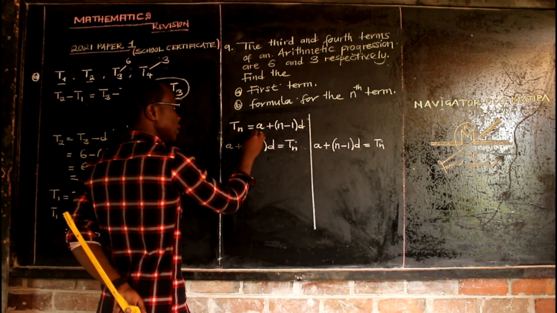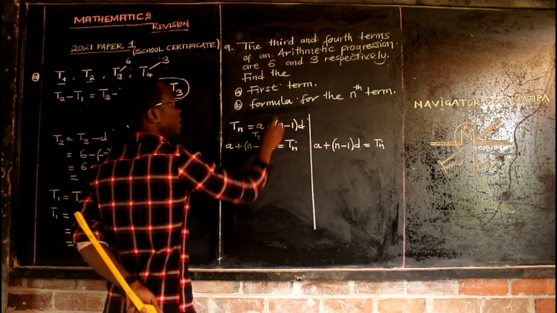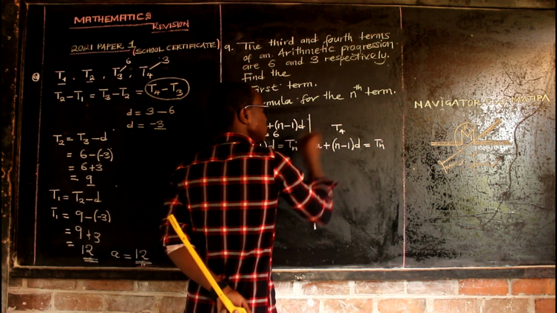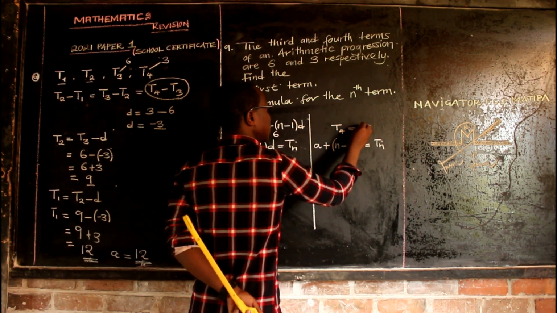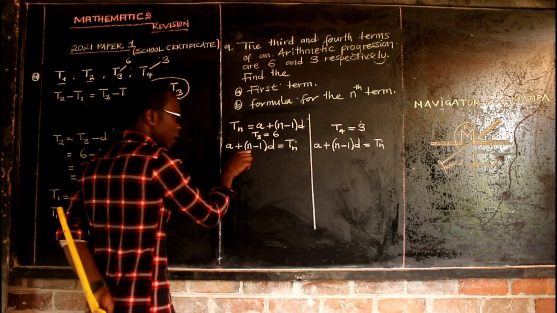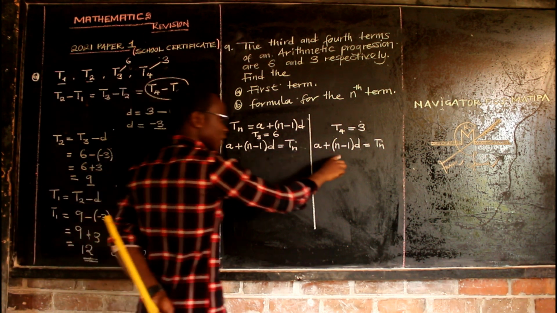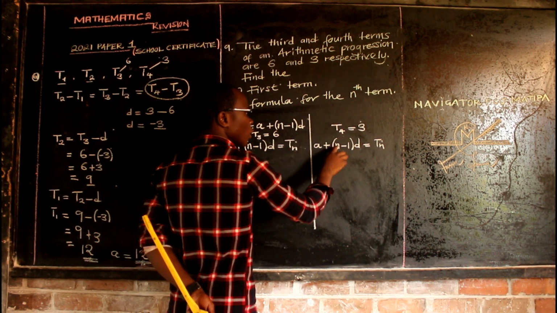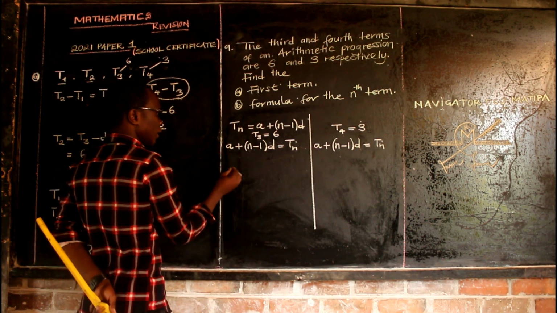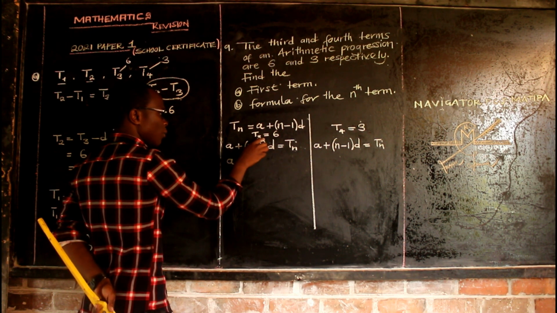Term number 3 is 6, okay? Then term number 4 you've been given is 3. Okay? Listen. So where there is n you put 3, where there is tn you put 6. Even on the other side, where there is n you put 4, where there is tn you put 3.